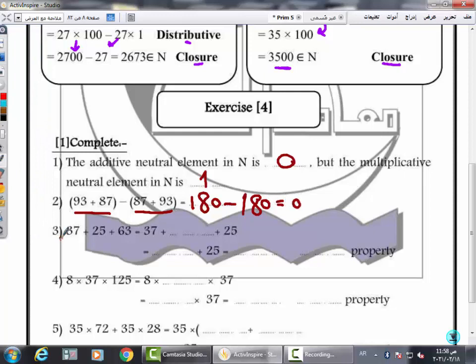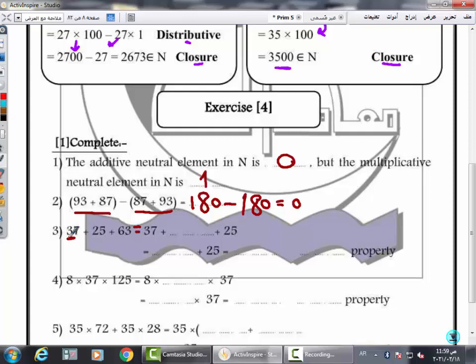Number 3, 37 plus 25 plus 63 equals, we will change the places of numbers to get it easier, which can give me 10, 100, 1,000. 37 plus what?